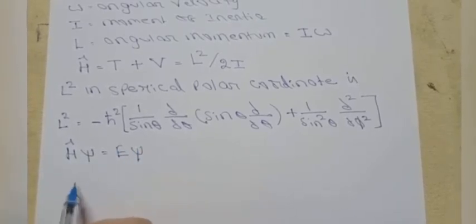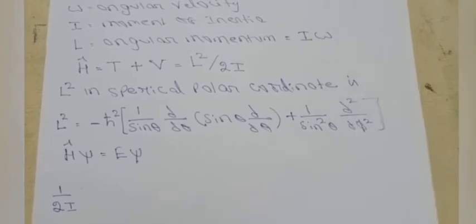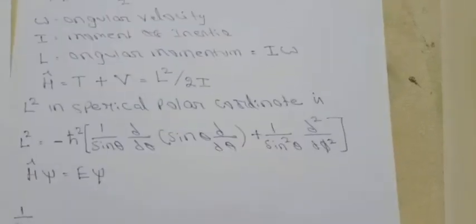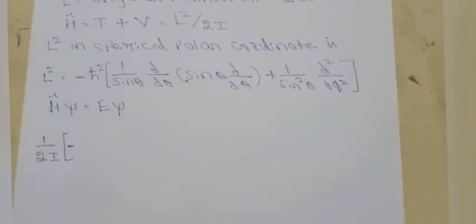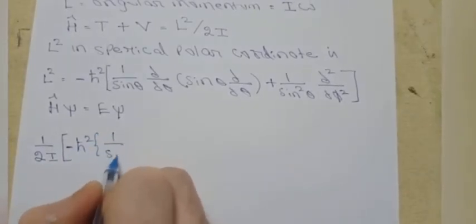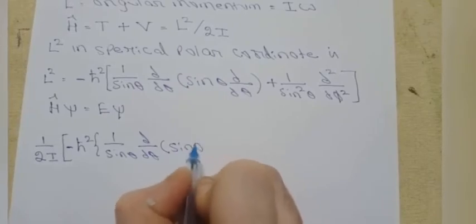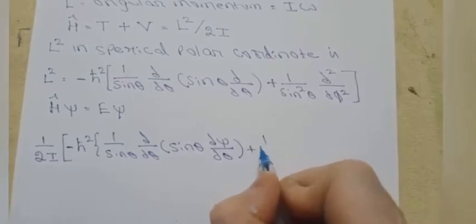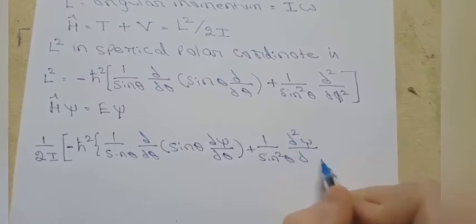So therefore we have 1 by 2I, and for the remaining we substitute L square: minus h cross square, 1 by sin theta dou by dou theta of sin theta dou psi by dou theta, plus 1 by sin square theta dou square psi by dou phi square.